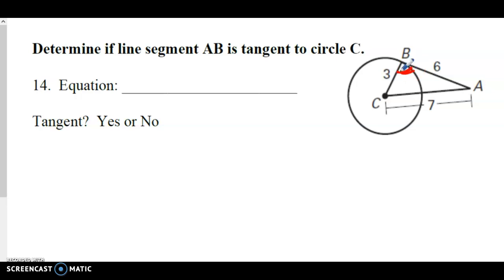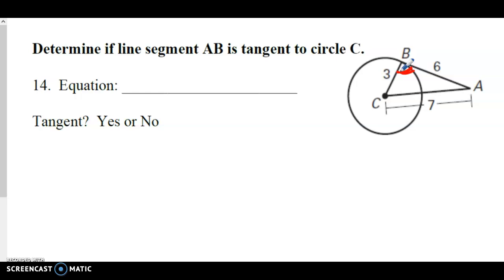As we see, this is a triangle, and we want to prove if this is a right triangle or not. We can use the Pythagorean theorem.